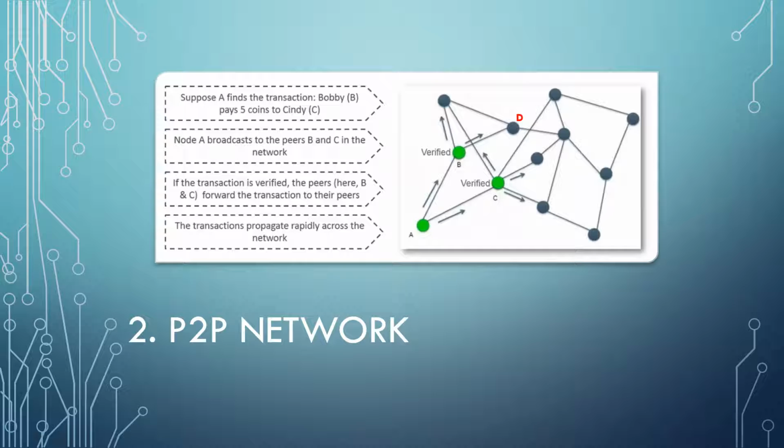Now once the information has been propagated throughout, there is a majority and minority difference here. The majority of the nodes have the correct information that the transaction will take place from node B to node C. So the correct information will be accepted and the modified information will be rejected since it is in the minority. I hope this gives you an idea of how secure a P2P network is and what happens when someone tries to modify or breach the data.